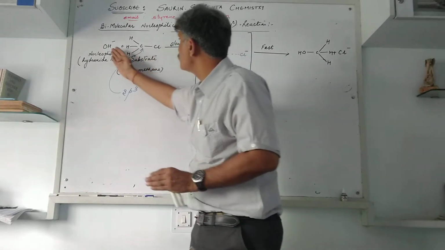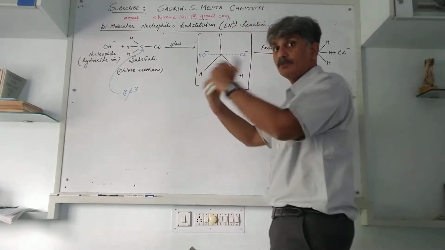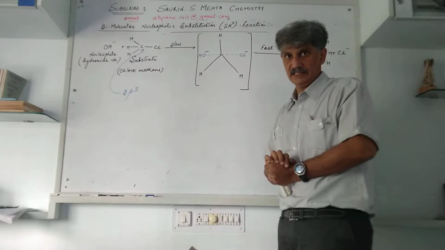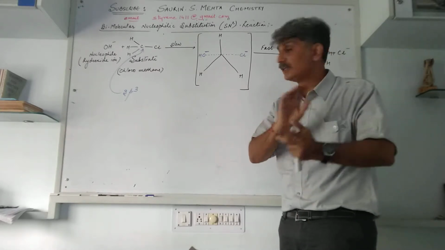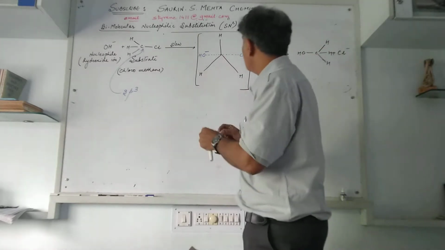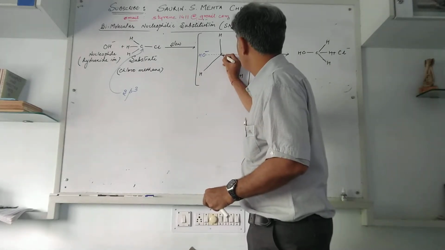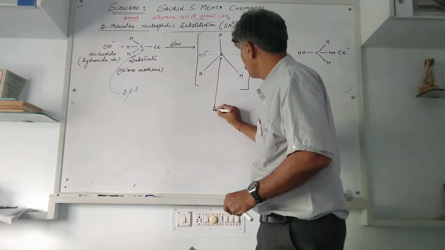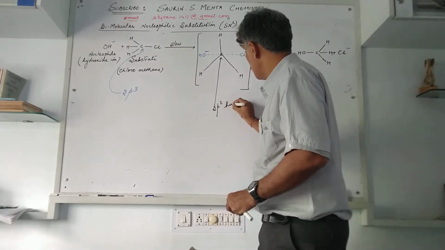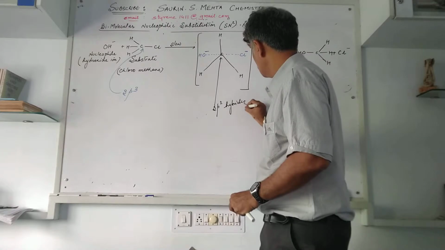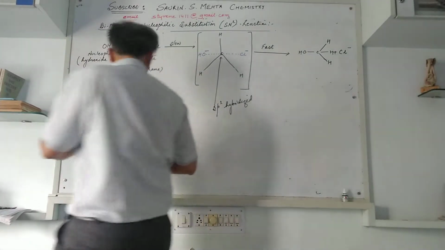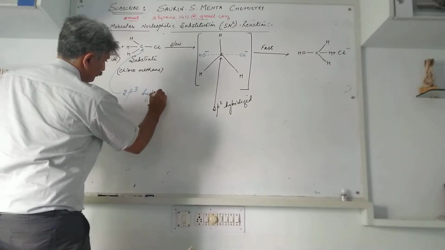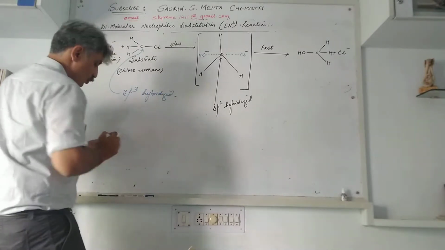So here OH minus attacks the carbon from the opposite side, and as a result this transition state is created, where interestingly the carbon atom is converting into an sp2 hybridized carbon. Initially it was sp3 hybridized. Now it is sp2 hybridized.